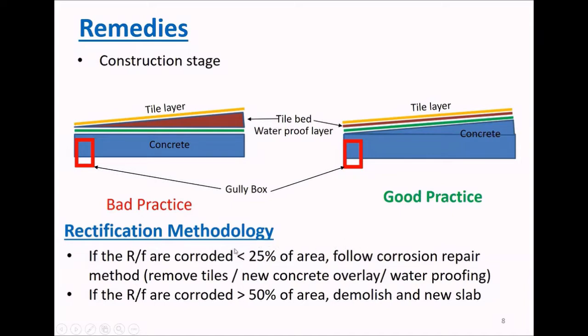If the corroded area is more than 50%, definitely there is no use of repairing this reinforcement. We have to demolish the slab area, add new rebars and do the new concrete. That is better. Otherwise, you are spending big money and no use finally.